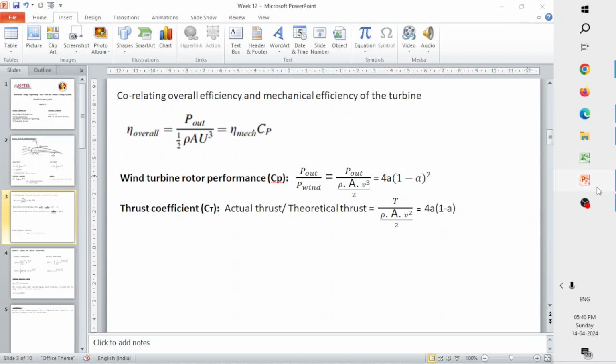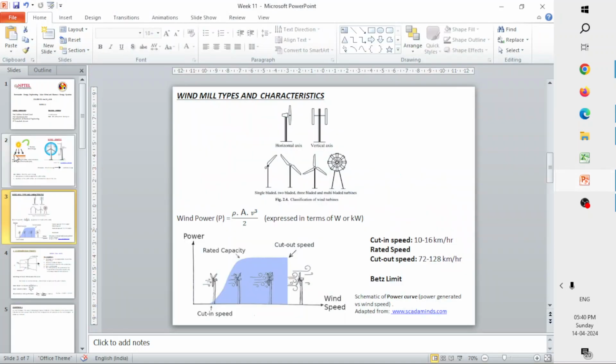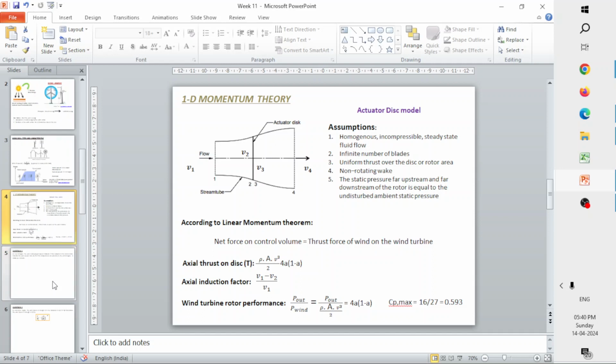Let me just show that last live interaction session. So yeah, here we discussed the Cp max value as 16/27 or 0.593. So this is actually the theoretical limit.